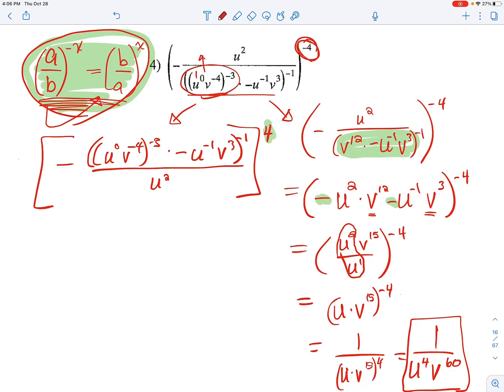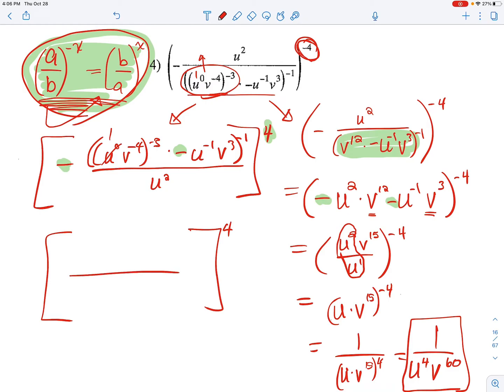Let's see. I see that there's a negative sign and a negative sign, so I'm going to make that positive, and we're still going to have something big to the fourth power, but I'm going to change that u to the 0 to the first. I'm going to make everything to a positive exponent here.